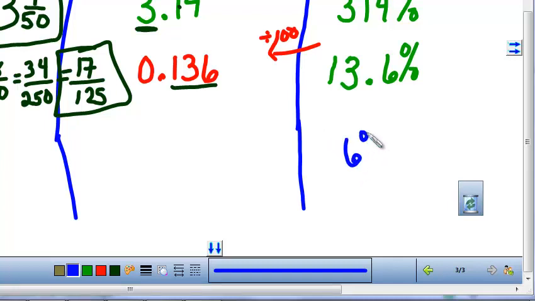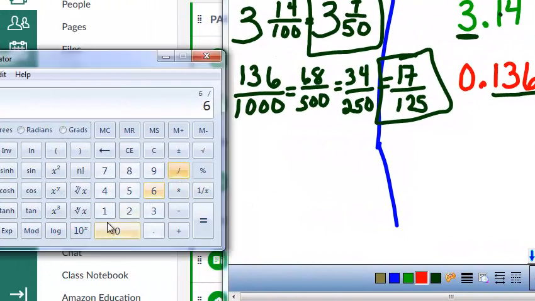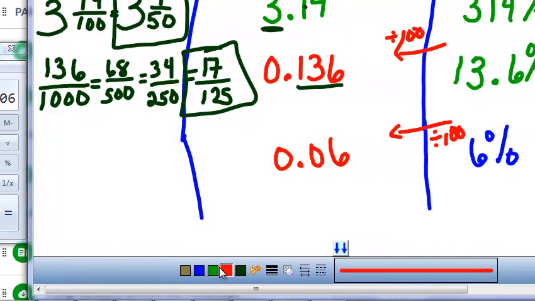Let's try, trying to think of a hard one. Ooh, 6%. Okay, 6%. So you're going to divide by 100. 6 divided by 100 is 0.06. All right, now this one's a little bit different, so think about this. You actually have 0, 6, but you don't need to put the 0.